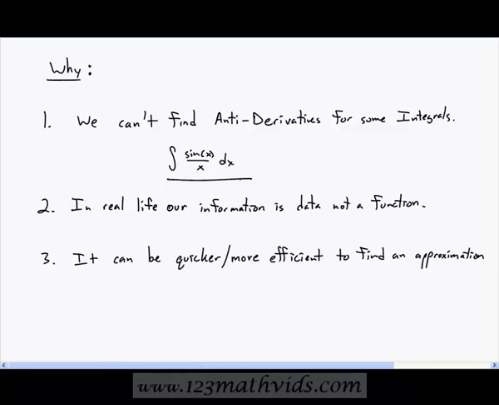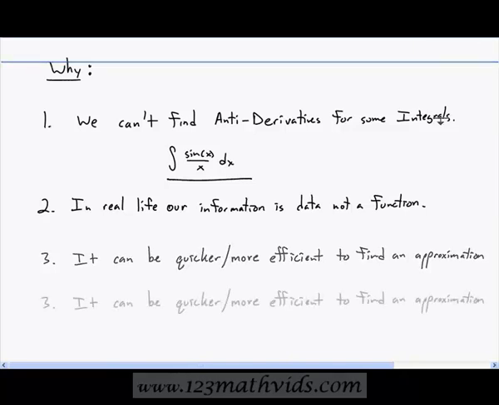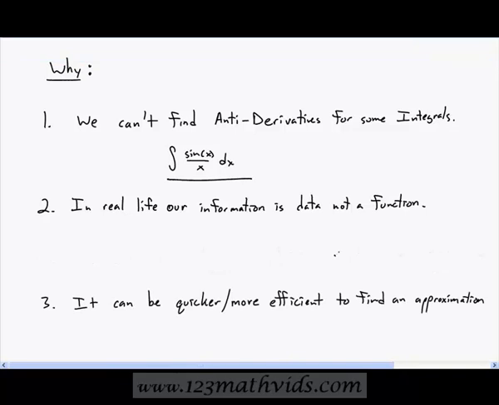Number two says in real life our information is often data, not a function. So for instance, if we're given some data points and trying to integrate using these points, we don't have a function to find an antiderivative. So an example of that could be something like this. I have a tree. I want to find the volume of this tree.